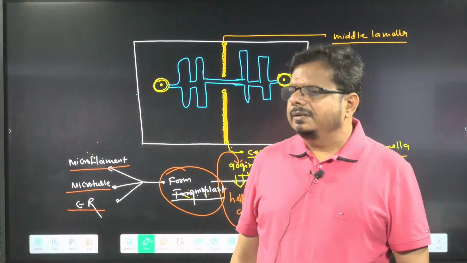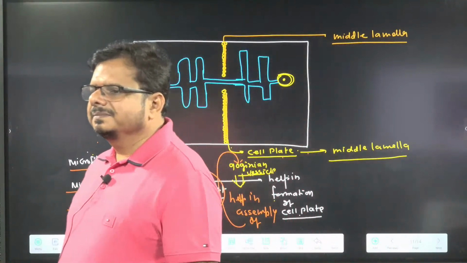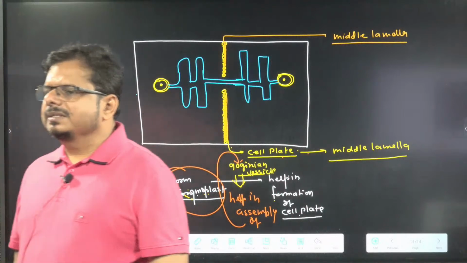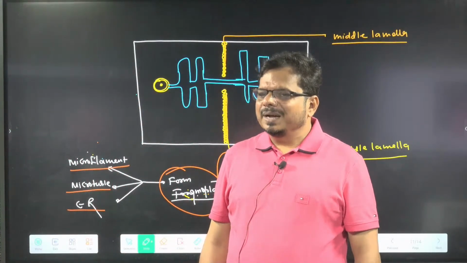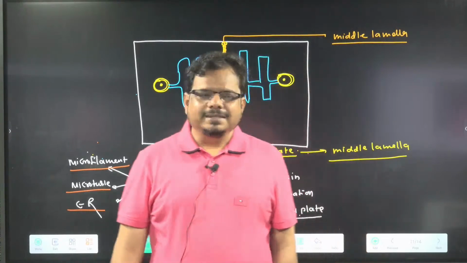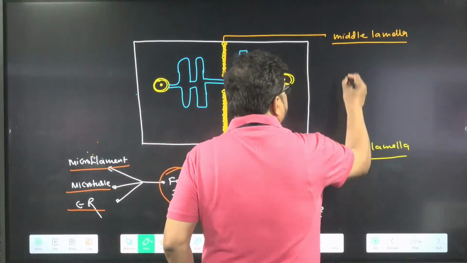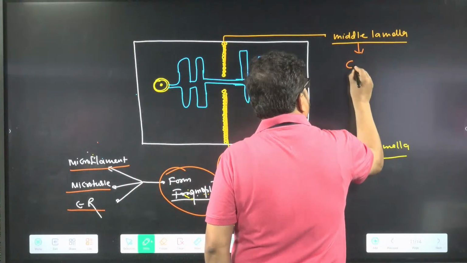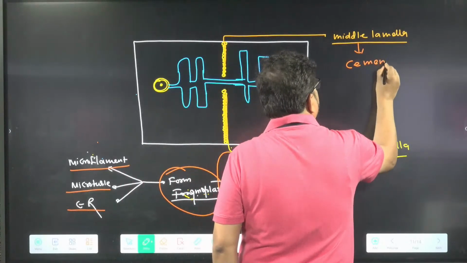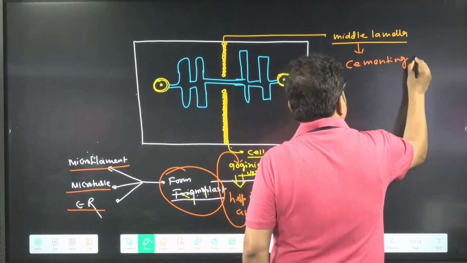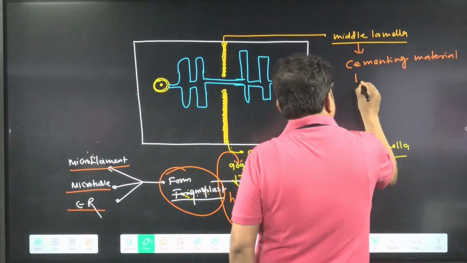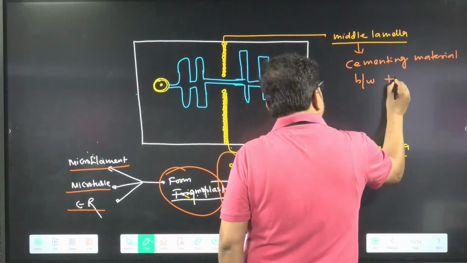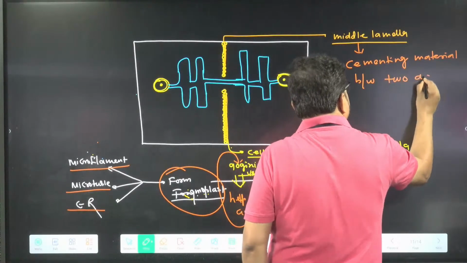Tell me very honestly. Understanding came? How the middle lamella forms? Now I am telling about this middle lamella. This middle lamella is cementing material between two adjacent cells.